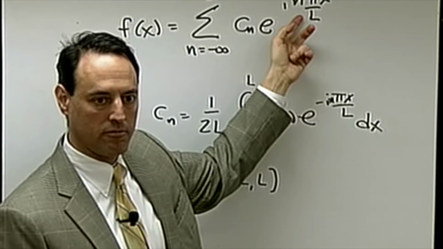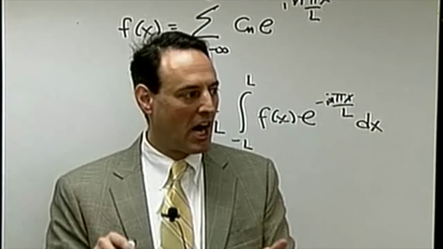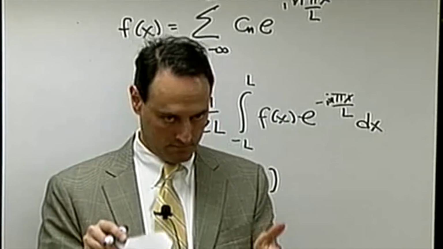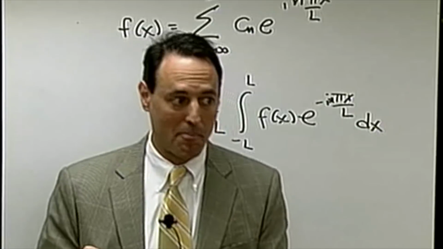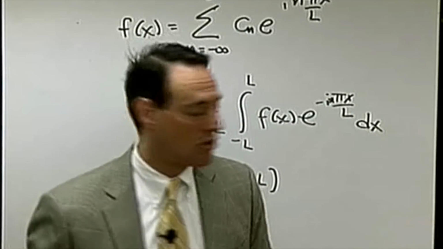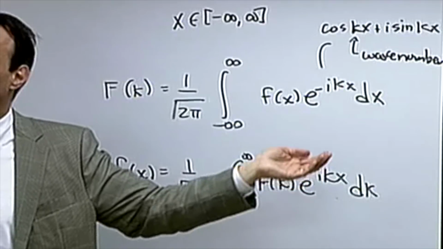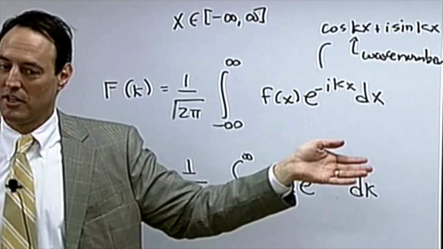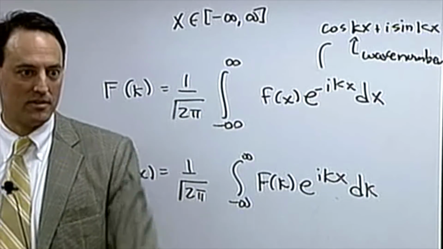I was looking for frequencies that made things fit in a box of length 2L. Okay? Here, I don't have that constraint of a box of 2L. I have an infinite domain, and so essentially I have a continuum of frequencies. Of course, when we go to compute something, we will never do a continuum. We'll do a finite number of frequencies, right? All right.